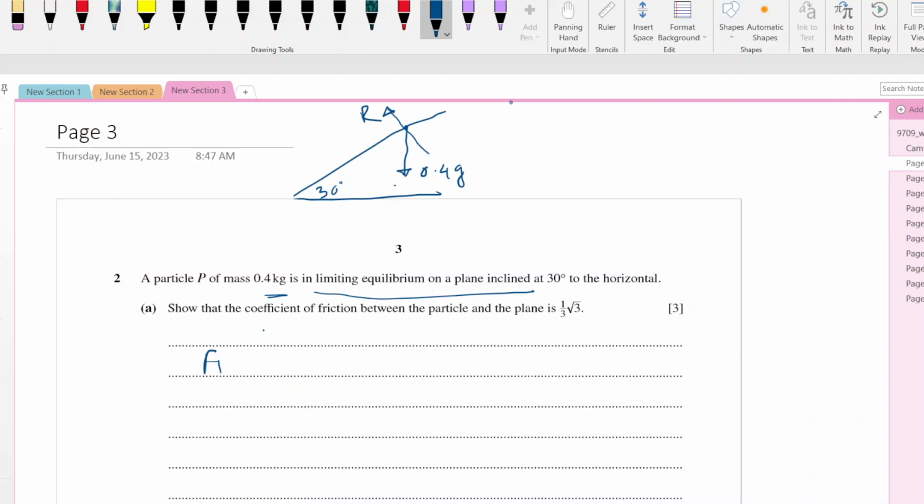Therefore F minus 0.4 g sine 30 degrees equals 0. This is resolving up the plane.